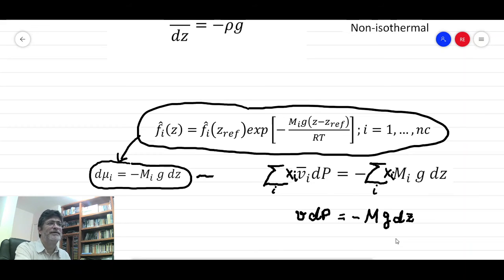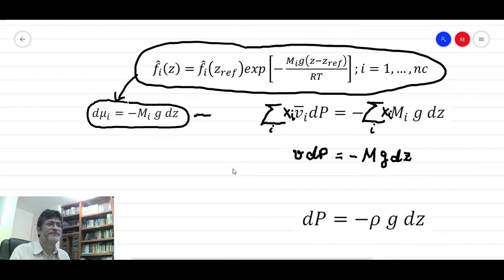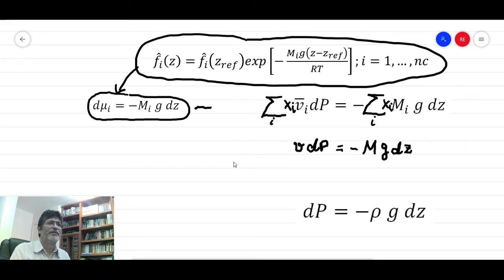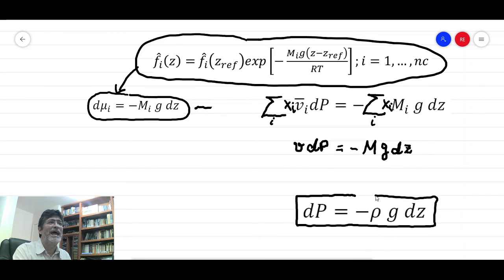When you do that, you obtain rho, and this is the hydrostatic condition. The hydrostatic condition appears automatically when the system is isothermal and in equilibrium.